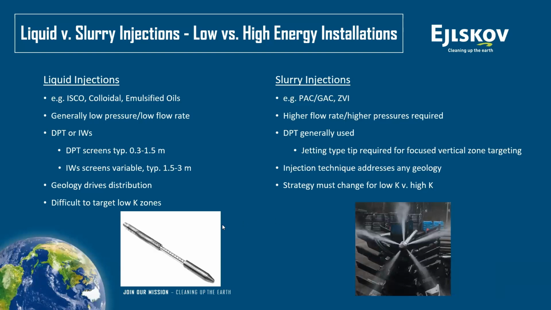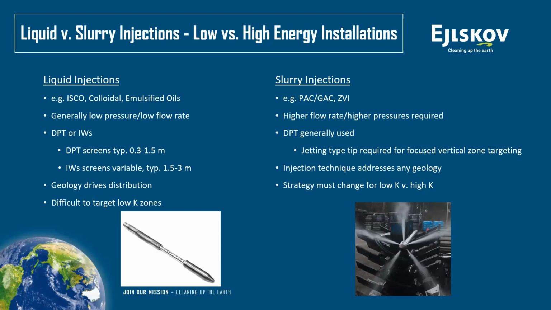And it is difficult to target lower K zones, as I mentioned before, with liquids using these low pressure, low flow techniques. With slurries, your strategy and your application can change, and you can inject into both low K and high K aquifers, but your variables are going to change.